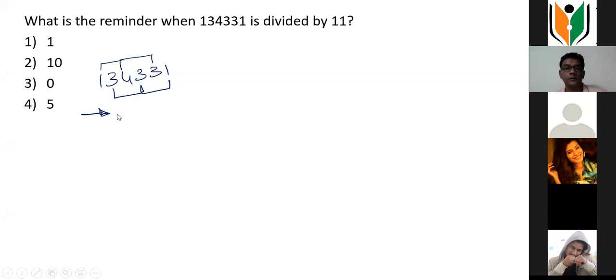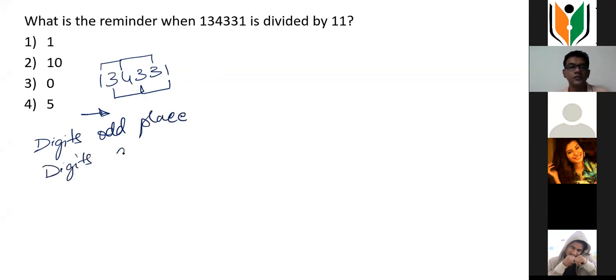Now we are talking about digits which are in the odd places and digits which are in the even places. Understand this: the odd place and even place depend completely on whether I'm reading the digits from left to right or from right to left.